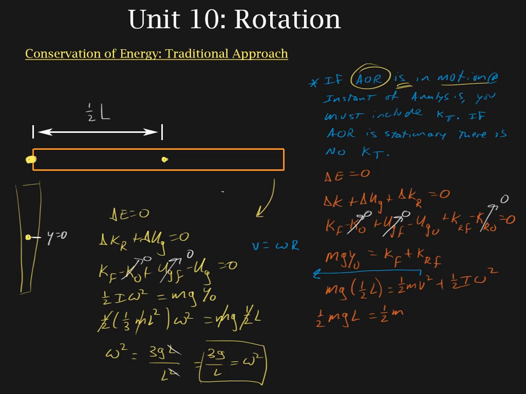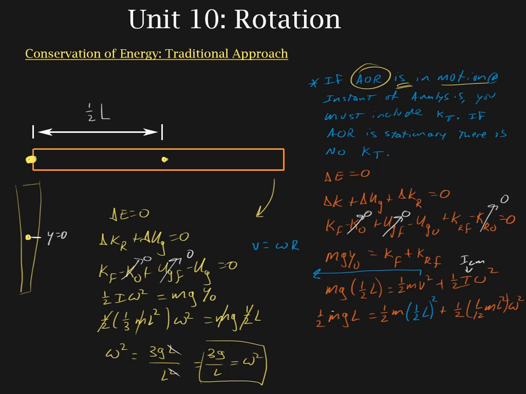R for the center of mass is 1/2 of L. So this becomes 1/2 m times 1/2 L quantity squared, plus 1/2 I, which is 1/12 ml squared, times omega squared. And remember, we chose 1/12 for I of the rod because this represents the moment of inertia through the center of mass. Okay, so this is ICM right here.